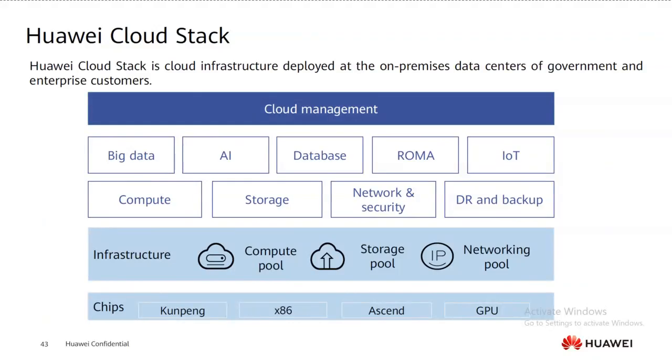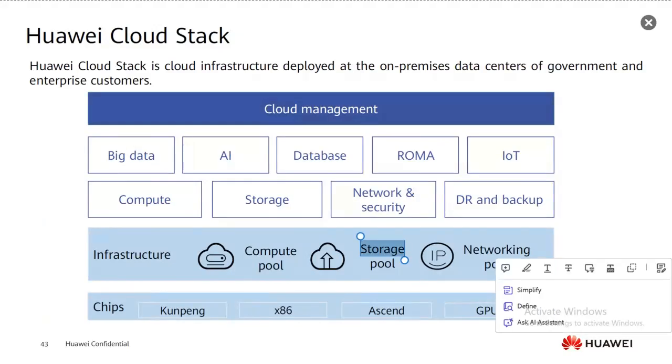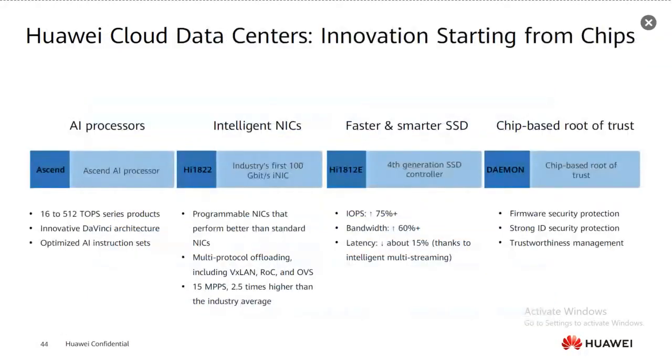So all these are possible on their cloud platform. Also they have AI sensors, intelligent NICs, that's network interface cards, faster and smarter SSDs for storage, chip-based root of trust.